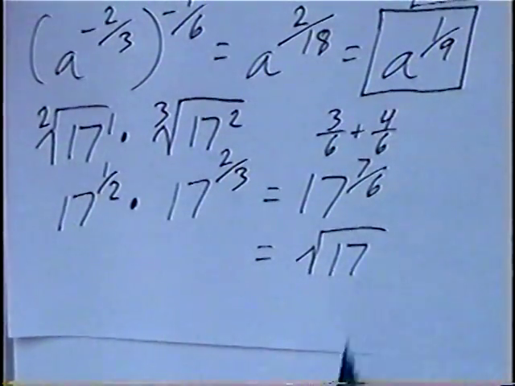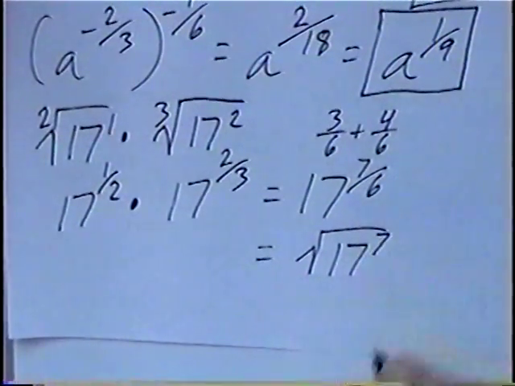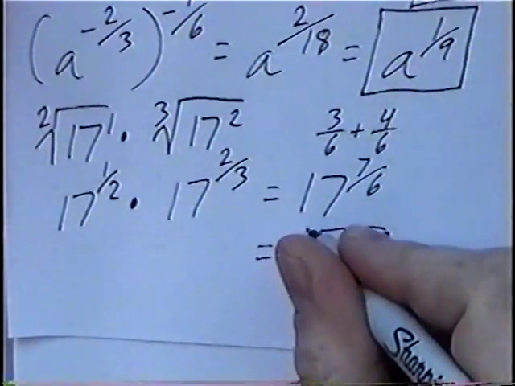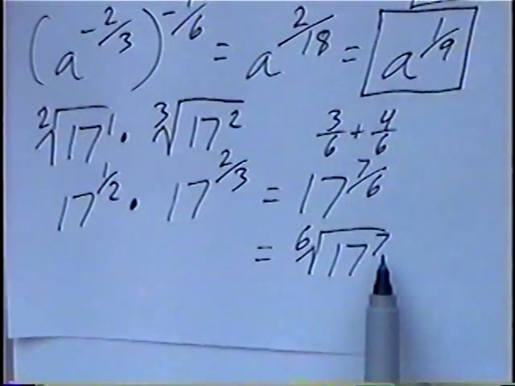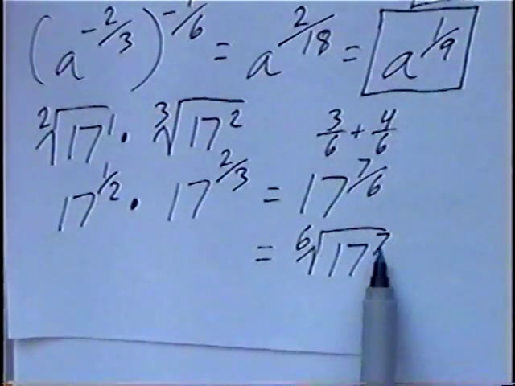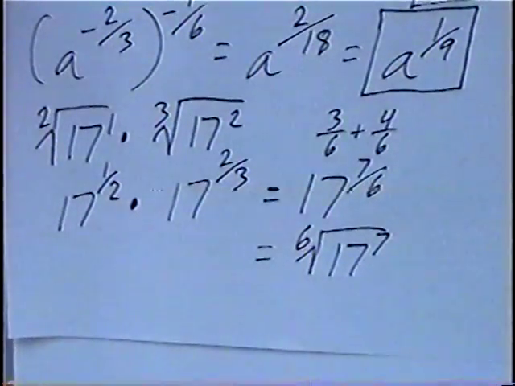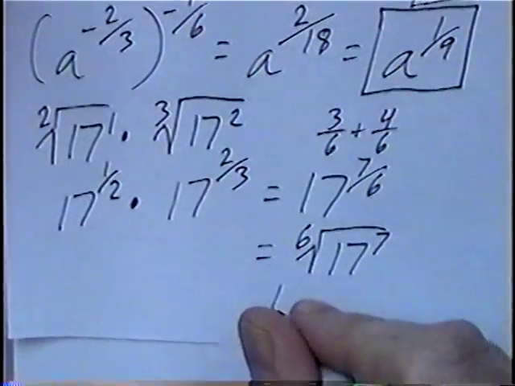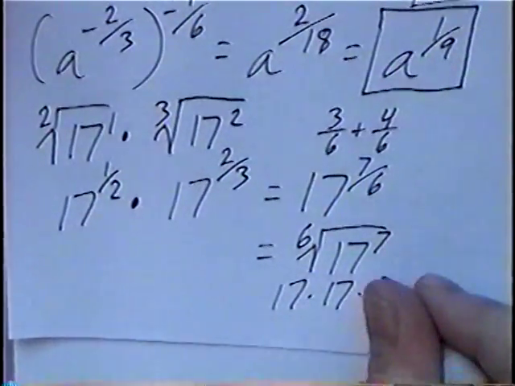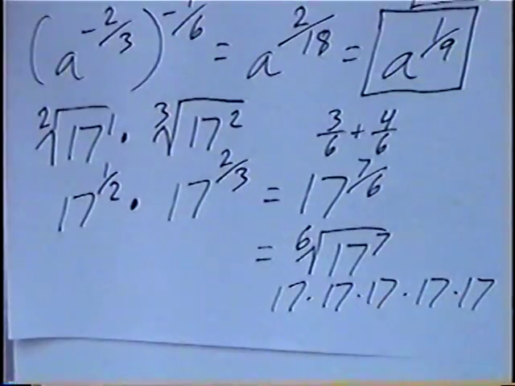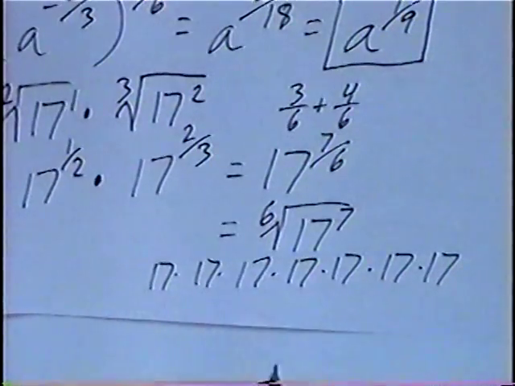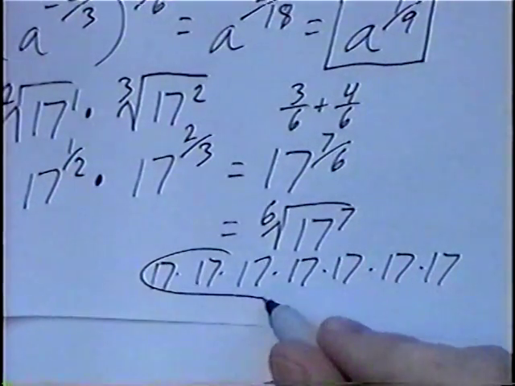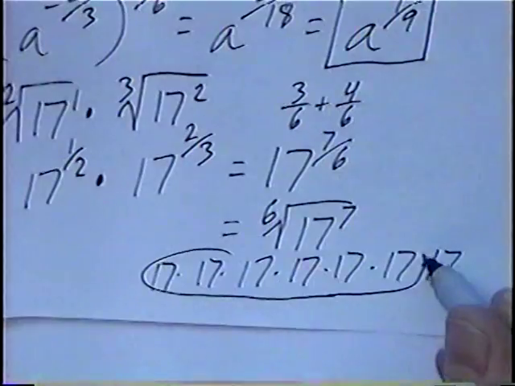17 would be the base, 7 would stay as the exponent, and 6 would be the root. When you have an improper fraction, meaning the numerator is bigger than the denominator, that means you'll have more pairs than the pairs you're looking for. For example, 17 to the 7th power, instead of multiplying it out 7 times, we can just write it down 7 times. And since it's to the 6th exponent, we'll be looking for pairs of 6.